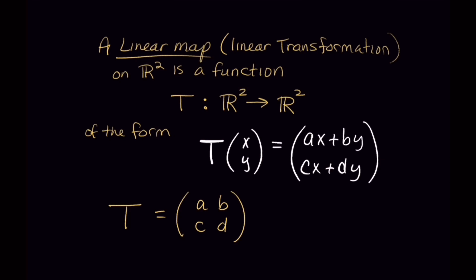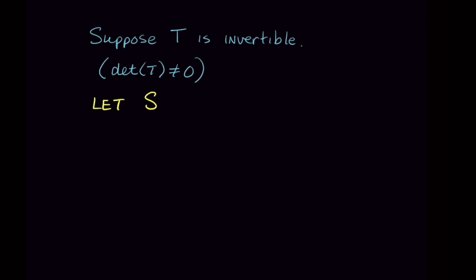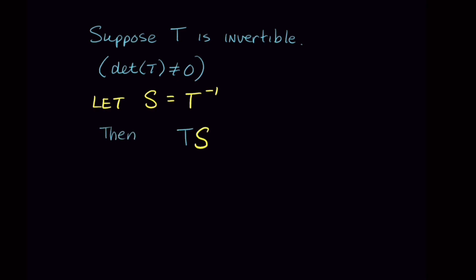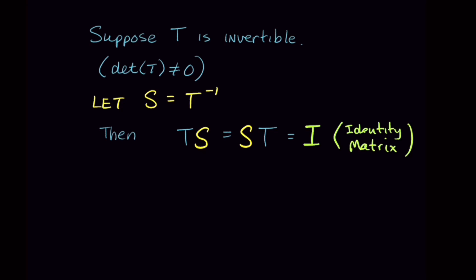So the matrix T is the linear transformation, and suppose that T is invertible, which means it has an inverse. Its determinant is not equal to 0. Then let the matrix S be its inverse. So when we compose T with its inverse, in either order, it produces the identity matrix. If we're working with a 2x2 system, the 2x2 identity matrix.